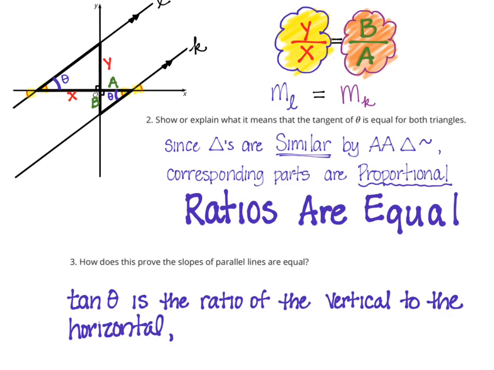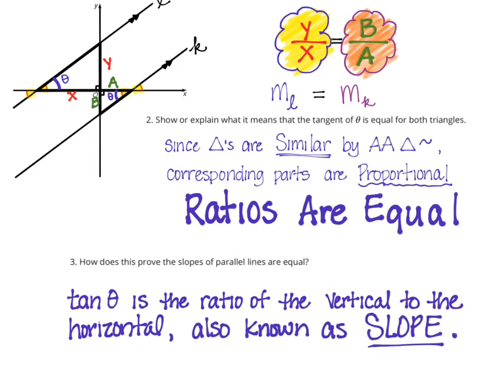So since tangent theta is the ratio of the vertical to the horizontal, meaning we've got this y over x and the b over a, since this is the tangent of theta and the tangents are equal, that tangent is also known as slope. So we prove that since the tangents were equal, then the slopes must be equal.